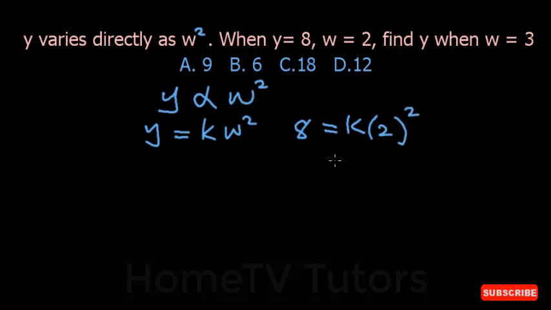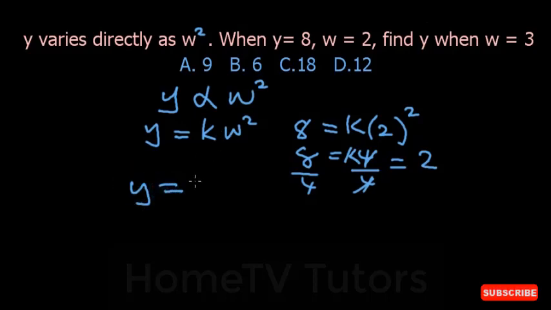So 2 times 2 gives us what? 4, alright, so 8 equals 4k. So divide both sides by 4, then we have k as 2. Okay, so by the time we bring the constant k, represent that in this equation, y equals 2 when w is 3, raised to power 2.